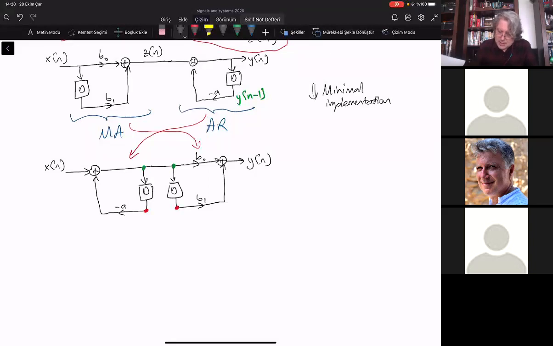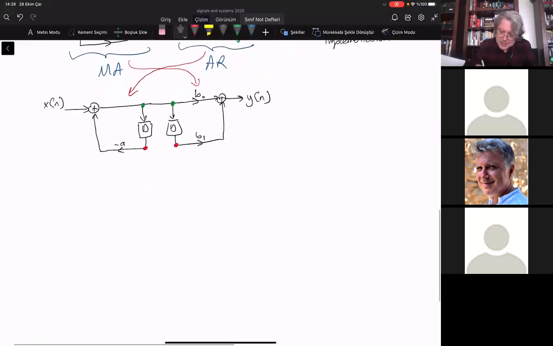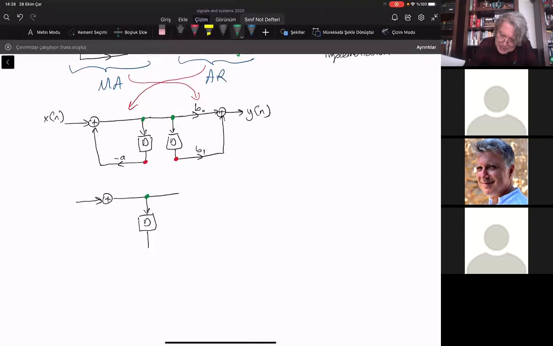Therefore, it's quite nonsense to have it like this, but instead, why don't we just do it like this? I use a single delay branch from top, and I get the green and the red points here.